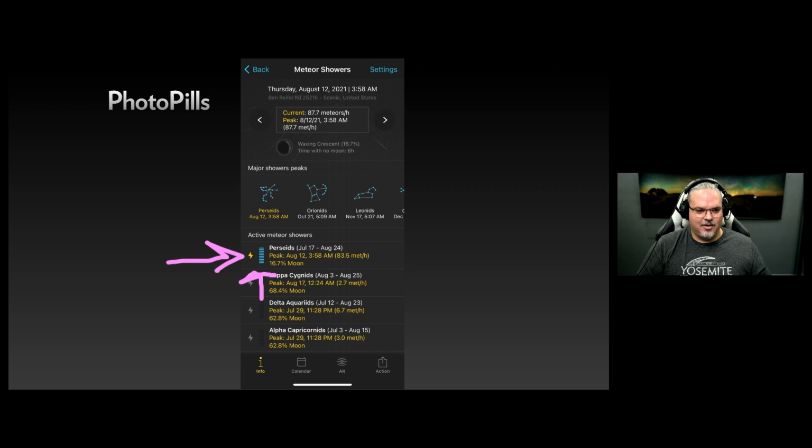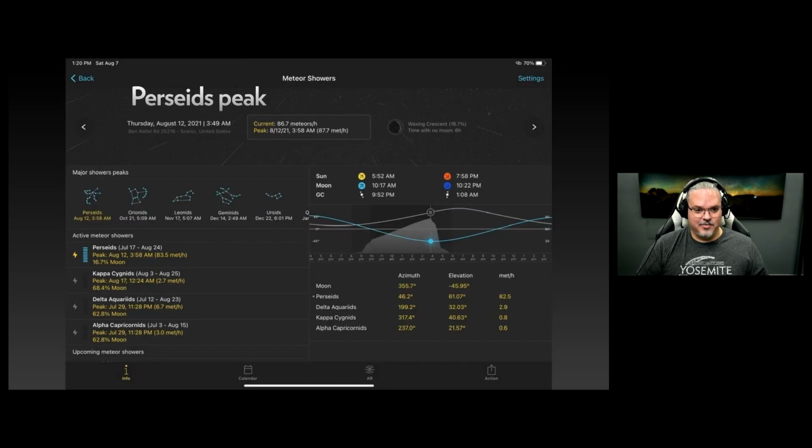There we go. So that energy bar goes upwards as the quality of the meteor shower goes up. And you'll notice that in all of the other ones here, not so good, right? That's something that you would want to pay attention to when you're looking through this pill.